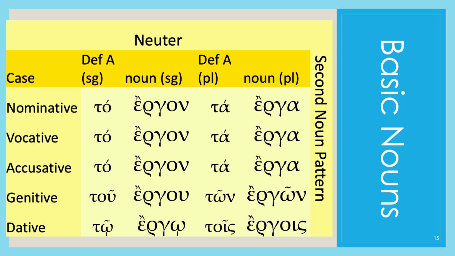Genitive is because of possession or association, and dative is an indirect noun in the sentence. The verb won't be done towards it. Vocative is used to address somebody, usually God or the Lord or Jesus. Sometimes it's used for apostles and other people.